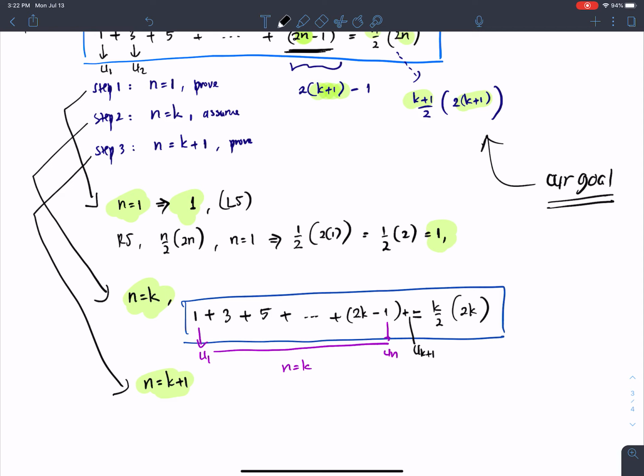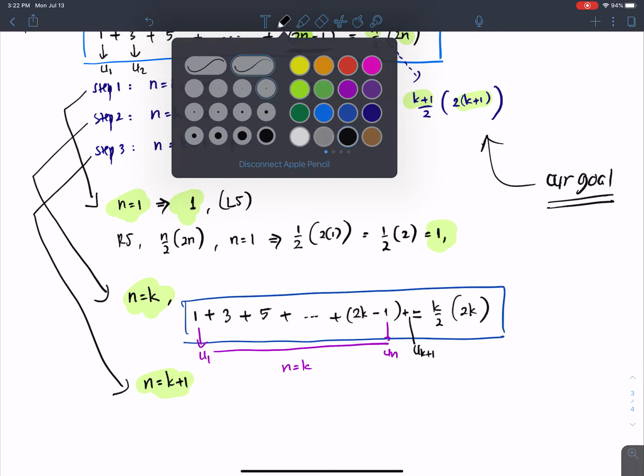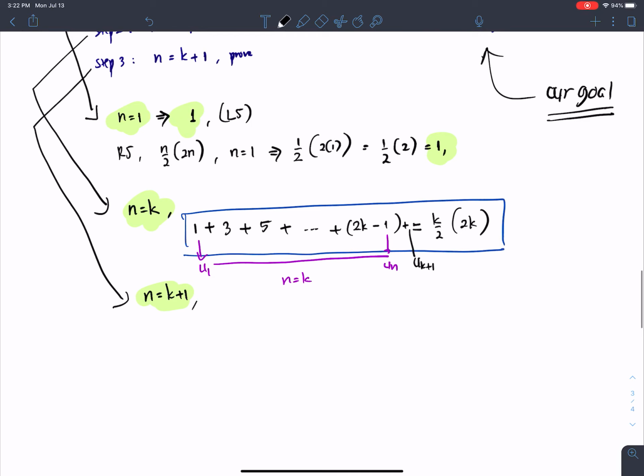Alright, so continue. For n equal to k plus 1, this is what we have: 1 plus 3 plus 5 plus all up to 2k minus 1. This is up to n equal to k. So the next term will be k plus 1, so we are going to have 2 k plus 1 minus 1. So this is uk plus 1, this one is uk. Okay.